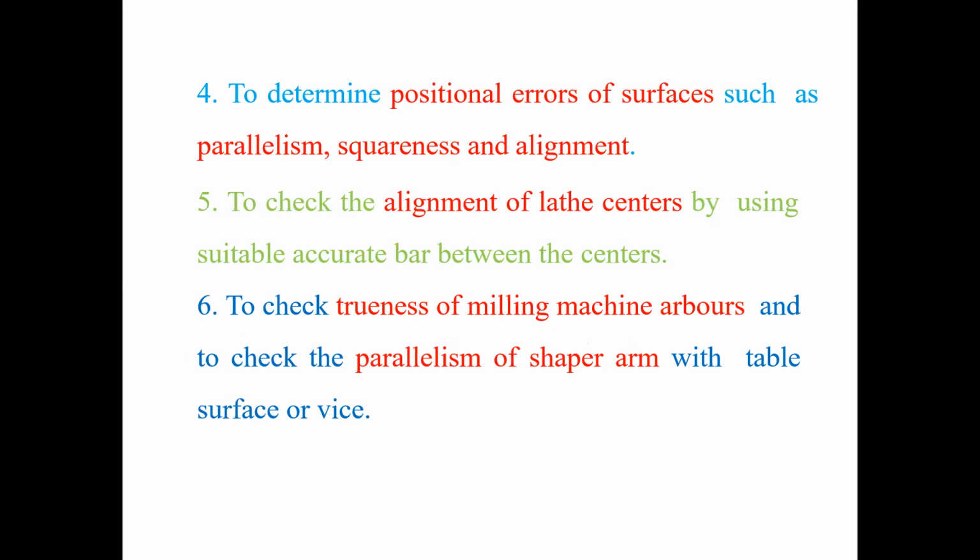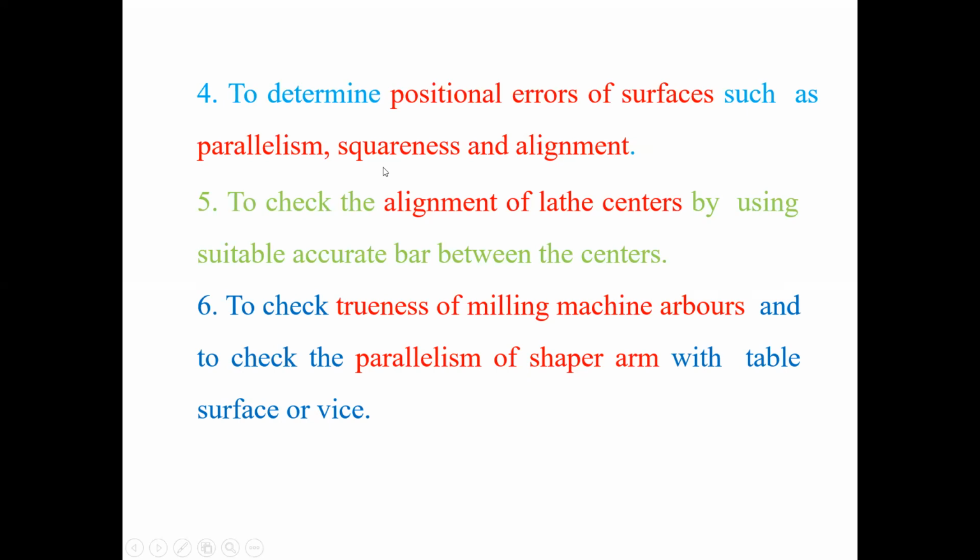We already discussed parallelism, squareness, and flatness in the case of vernier calipers. These can also be checked with dial indicators.